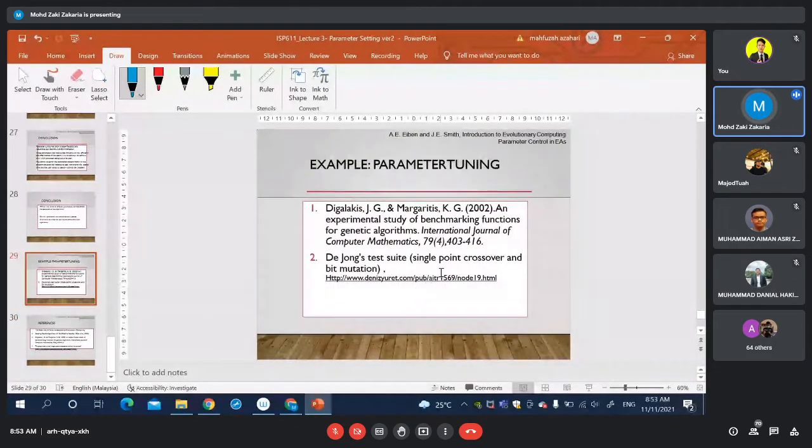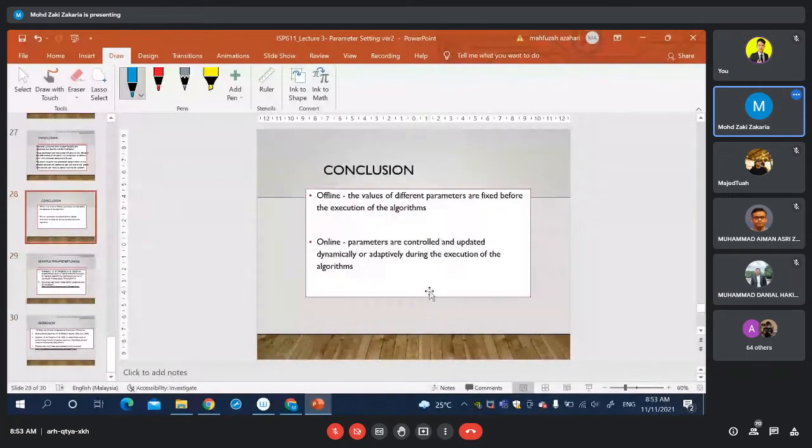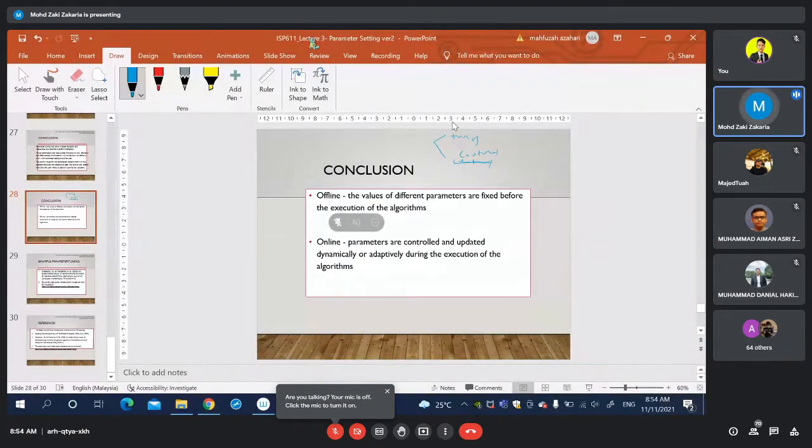Okay, the reference you can go through this article. So for this topic, we can conclude that to determine the parameter, we have two types, tuning parameter and control parameter. Control parameter has 3 categories. So 1, 2, and 3.